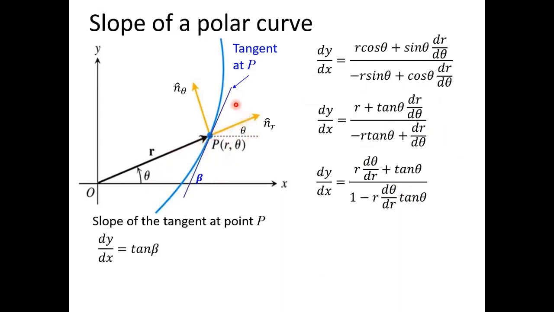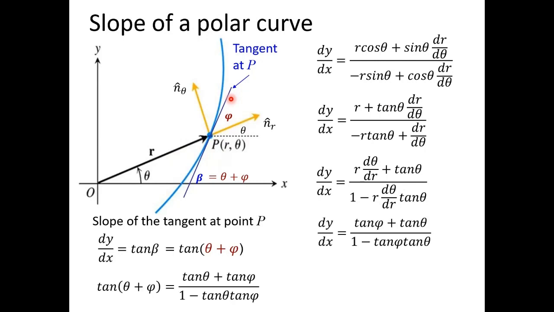And if you define this angle as psi, then beta becomes theta plus psi. That means dy by dx is tan of theta plus psi, and you can expand this using the tan identity, so that dy by dx becomes tan psi plus tan theta divided by 1 minus tan psi into tan theta.